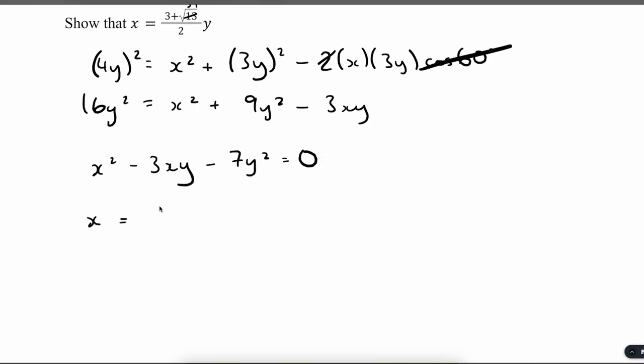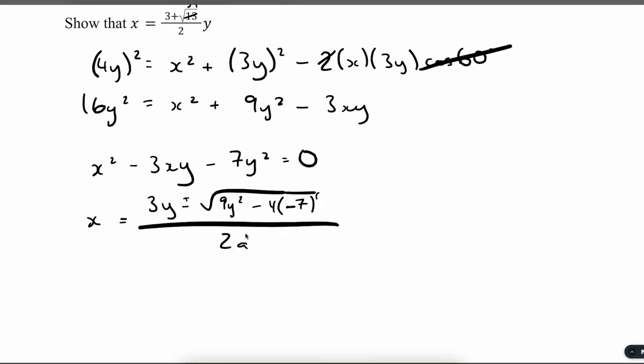So x equals minus b plus or minus the square root of b squared, which is that squared, which is 9y squared, minus 4 times a, which is 1, times c, which is minus 7y squared, all over 2a. A is 1, so that doesn't count.